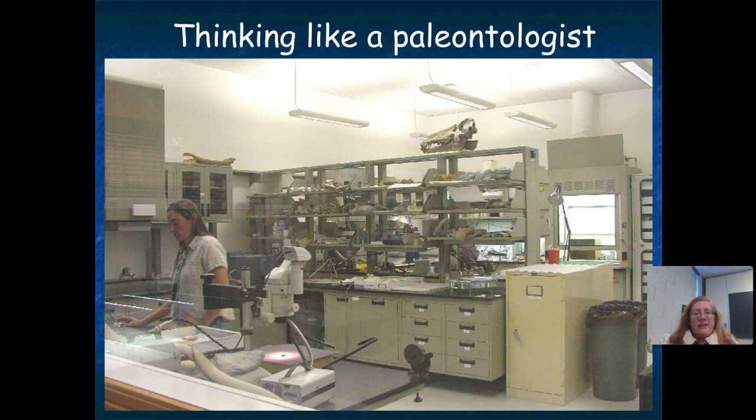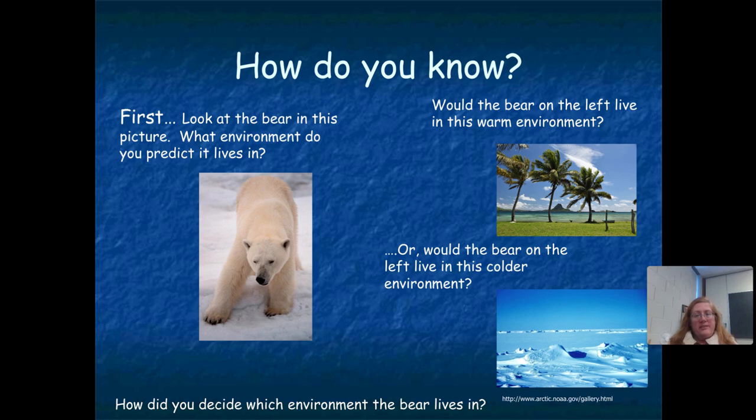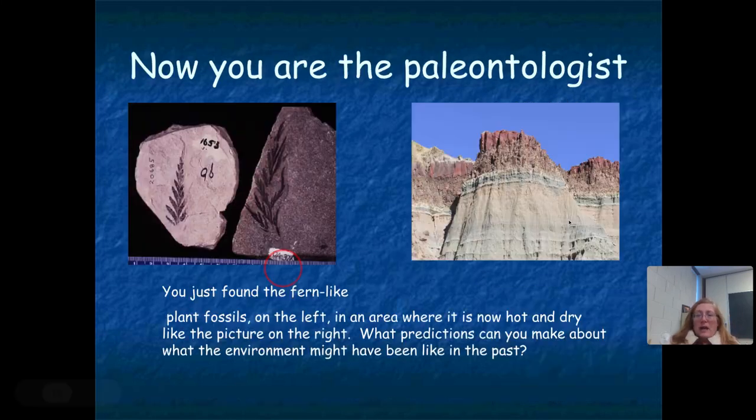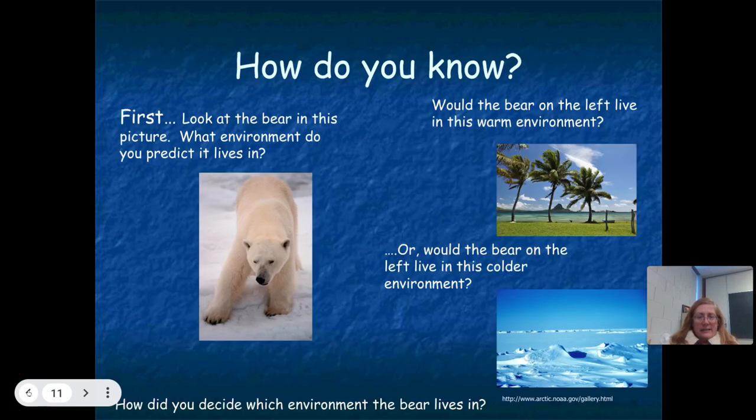Okay, so fossils don't just tell us that an animal was there, they can also give us hints about what the environment was like at that time. Let's see what we can think of. If we didn't have the background of snow, and we saw a polar bear, what type of environment would it be more likely to live in?